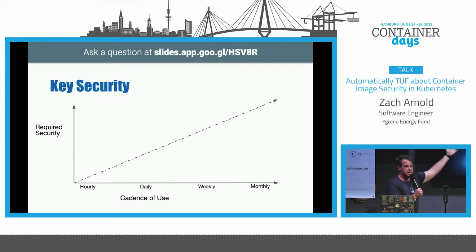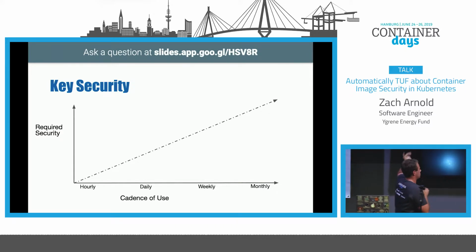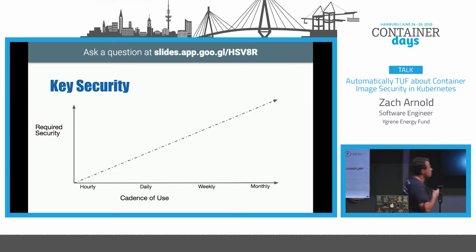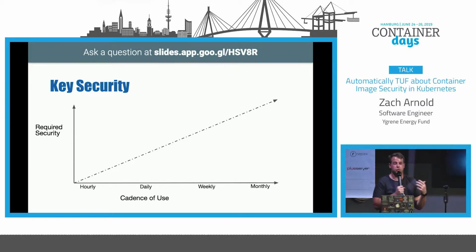Things like timestamp keys, these are rotated hourly. Because the cadence of use, well, let's see, it's a graph like this. The cadence of use is quite frequent. The key security doesn't really matter as much. But as it goes out further, we have to be a little bit more careful about what we do with our keys. Your root key, for example, should never be stored online.